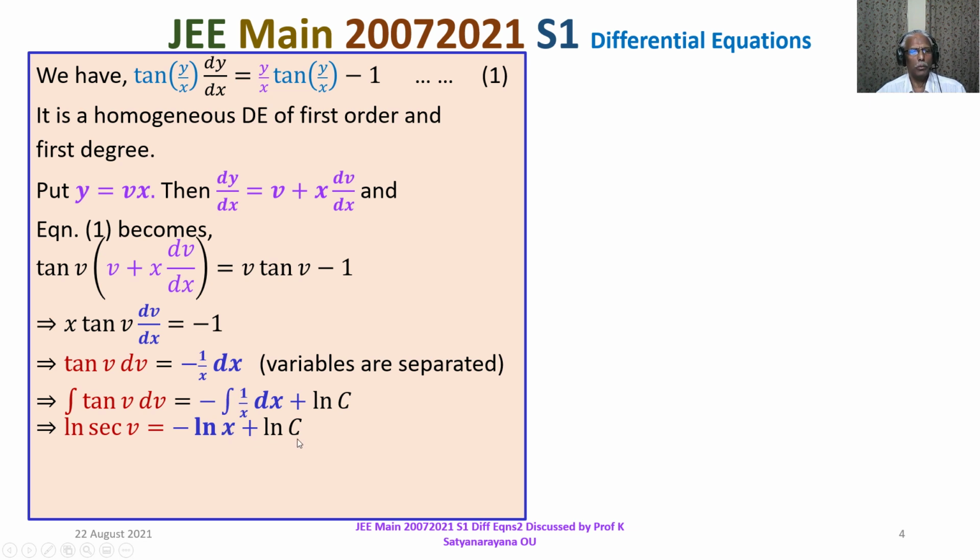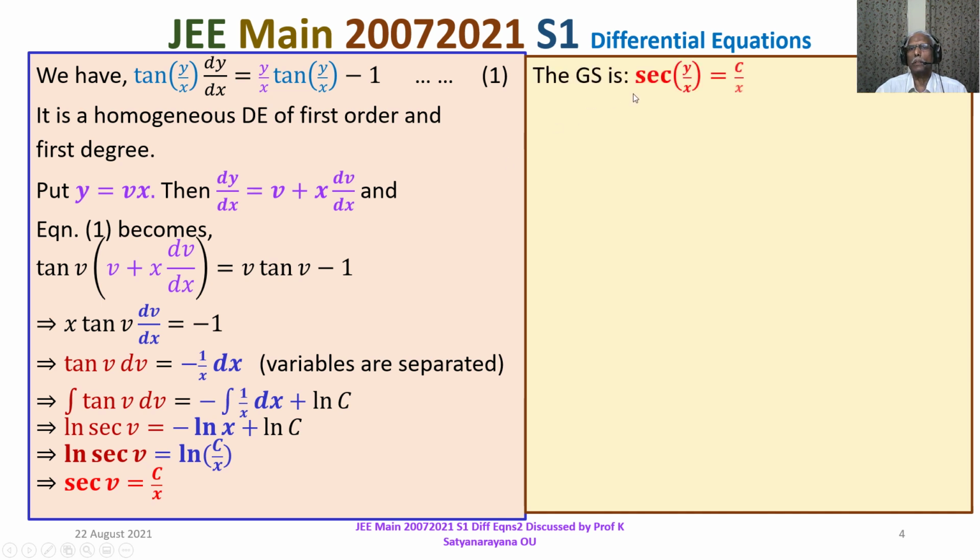So this will be equal to ln secant v is equal to ln c by x, and this will give you secant v is equal to c by x. This is the solution, and this solution has one arbitrary constant, and this is the general solution.